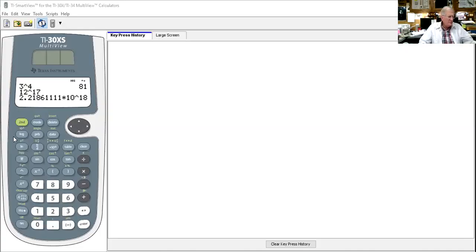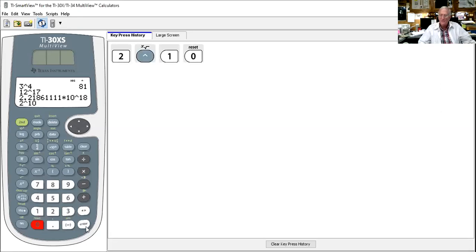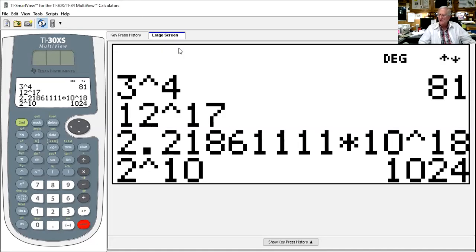I want to do, let's try 2 to the 10th power. Let's see what that gives us. If we do 2 caret 10, what do we get? Ooh, I want to show what the answer is there. 1,024 sheets. I need 15,840,000 sheets.